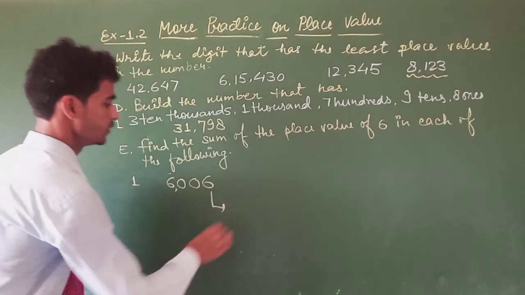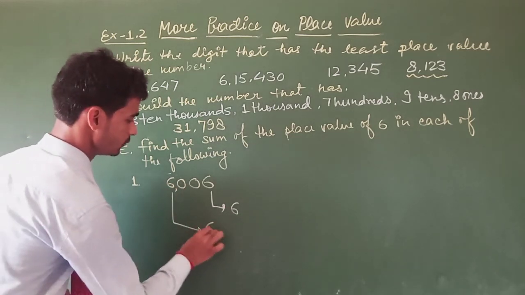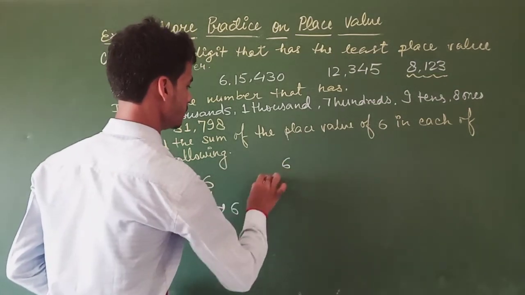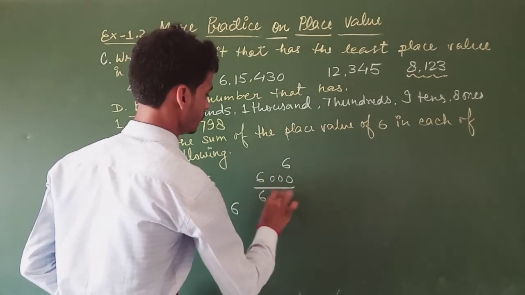That is on ones place, so the place value will be 6, and 6 is on thousands place, so the place value is 6,000. Now we have to find the sum, so 6 plus 6,000 is 6,006.